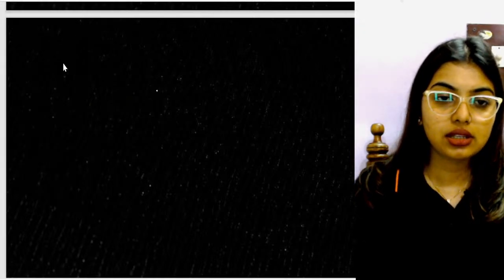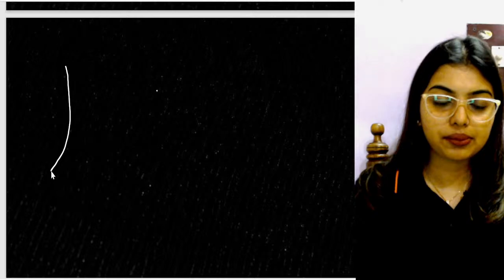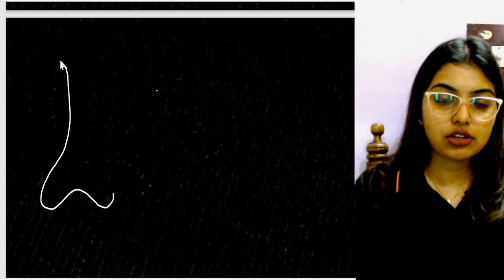Okay, student, this is the bone. Like Tom and Jerry, the dog had a bone, no? Similar. This is your bone.